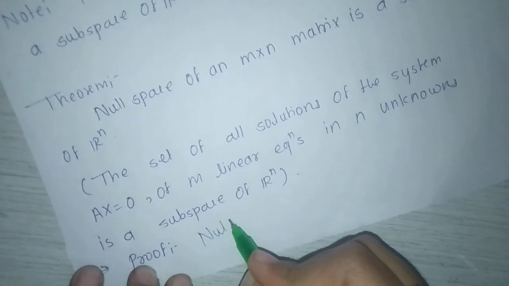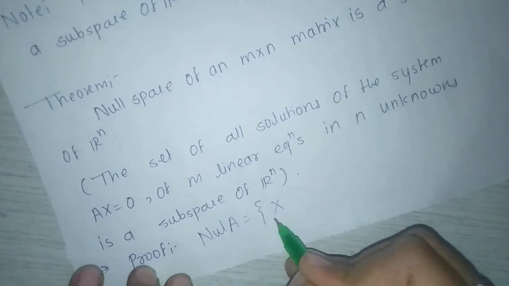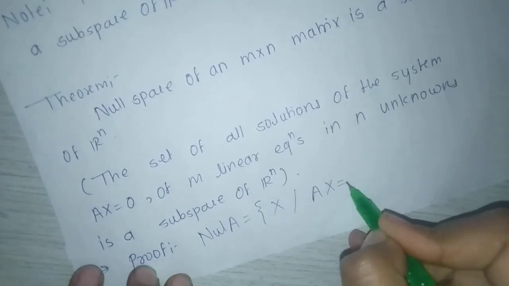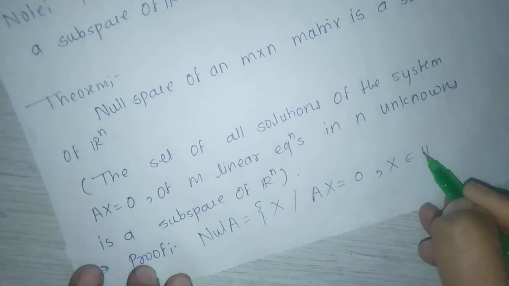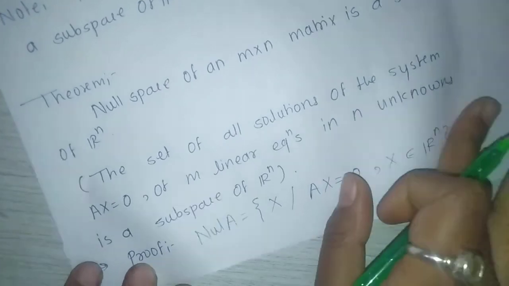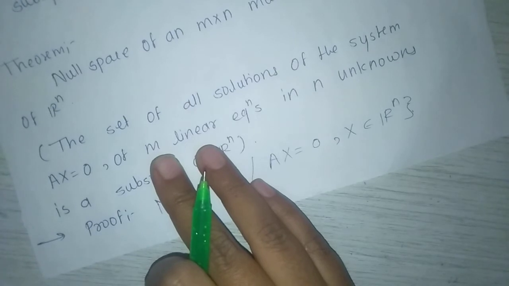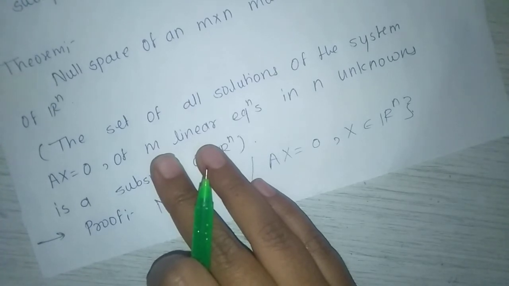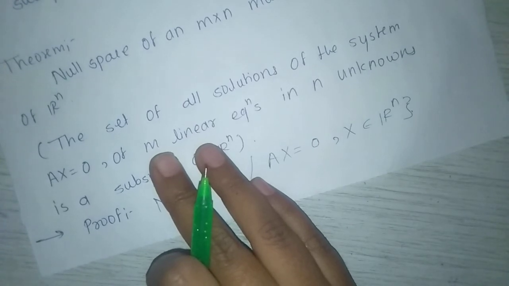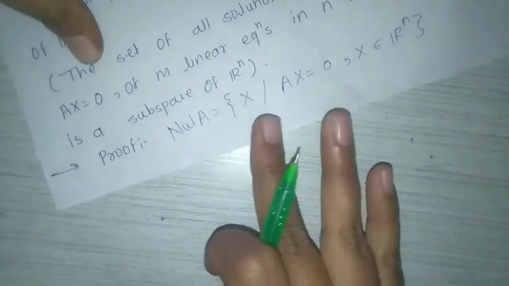First, write the null space of A as nothing but the x such that A x equals 0, x belongs to Rn. We have already seen one theorem, which is that the solution space of A x equals 0 is a subspace of Rn. The proof is similar.